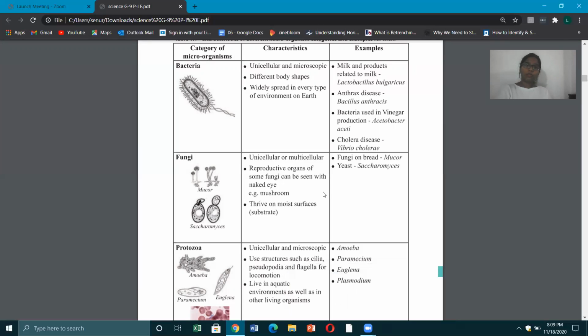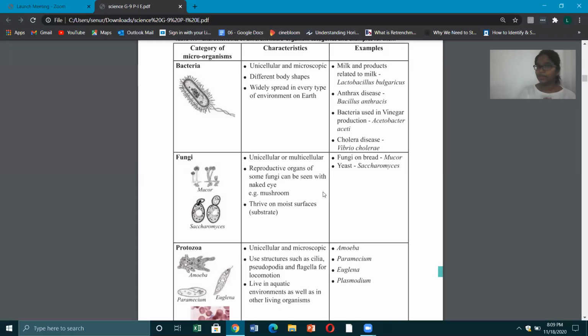When you talk about examples, let's move on to their environment. They are widely spread in every type of environment on Earth. That's what I told you. They can be seen even at the extremes of climate. They can literally exist anywhere. Examples would be milk products, and the type of bacteria we use for milk products is Lactobacillus bulgaricus.